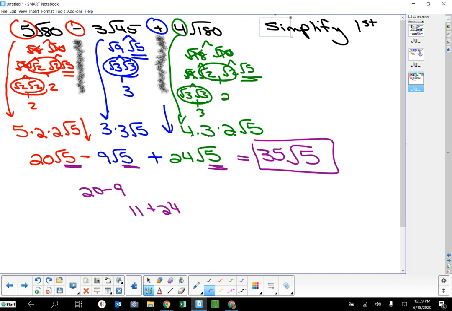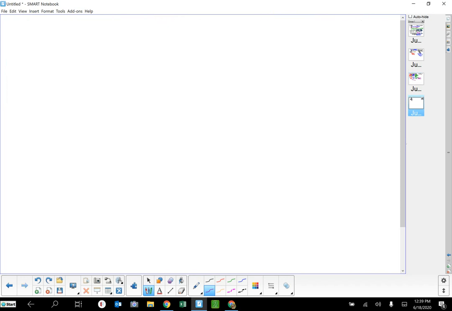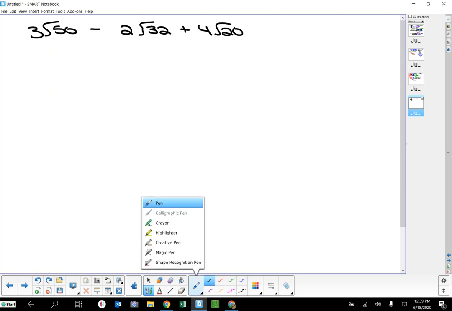Okay, let's do one more just as a sample to see what happens when they don't all add together. So if you start out with 3 radical 50, I'm also going to handle simplifying these radicals just a little bit differently for the people who see their perfect squares and don't know why I haven't done this yet. This is definitely an option for you.